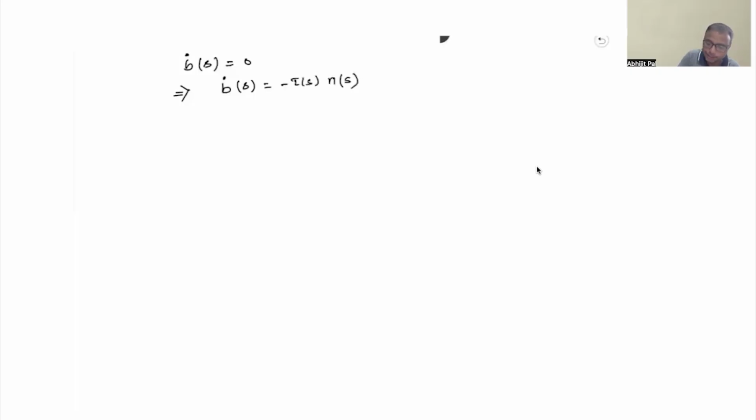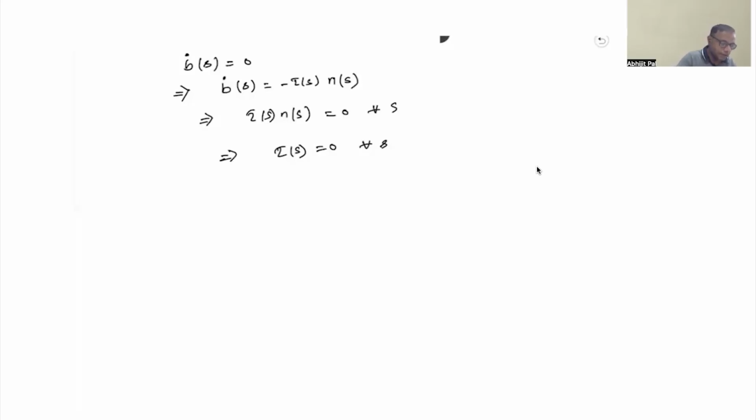So B dot(s) is equal to 0, therefore tau(s) times N, where N is the unit normal vector, is equal to 0, and this is true for all s. So this implies that tau(s) is equal to 0 for all s. Okay, so we have shown that if the curve lies in a plane, then the torsion is equal to 0.